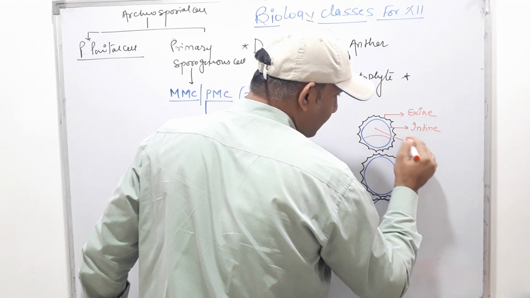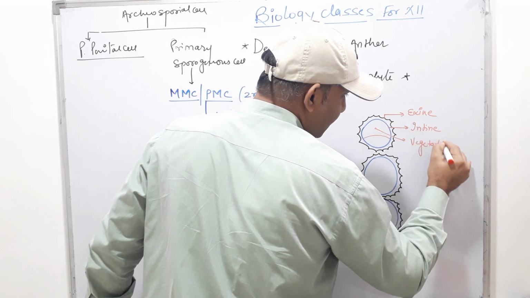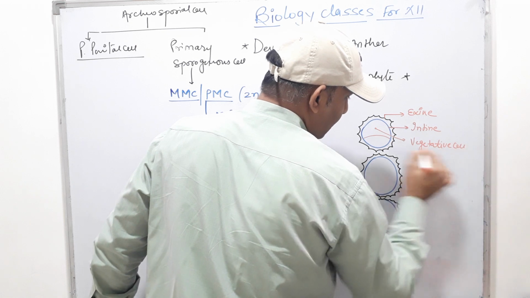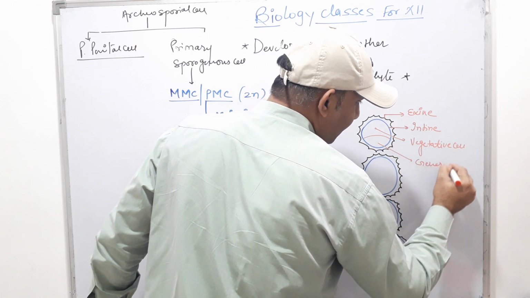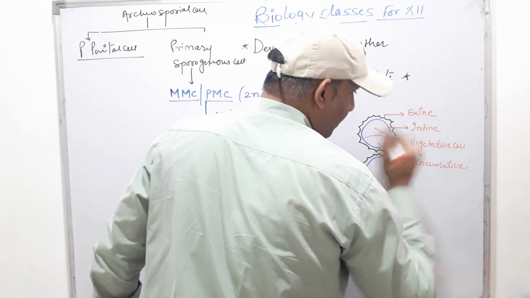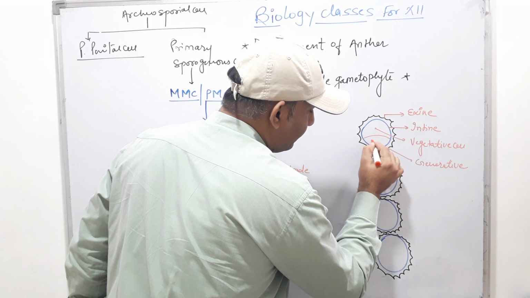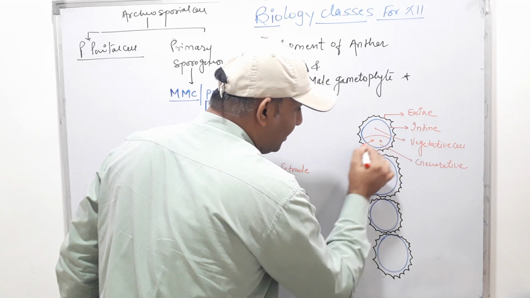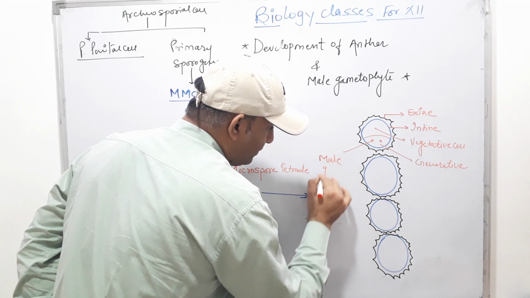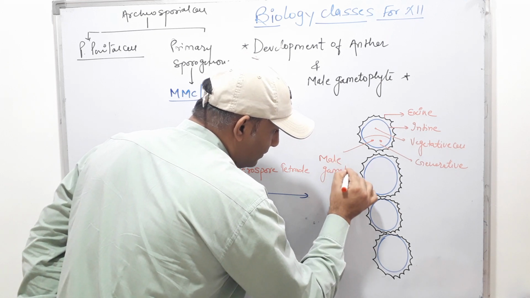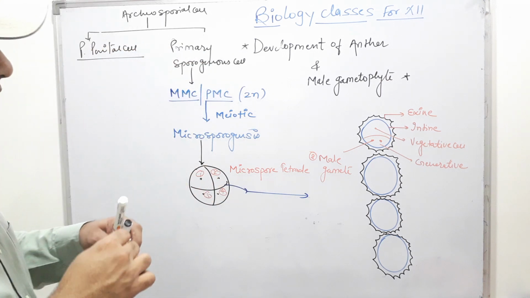One is the vegetative cell and second is the generative cell. Now this generative cell produces 2 male gametes. Total 2 male gametes. So that is the single structure of a pollen grain.